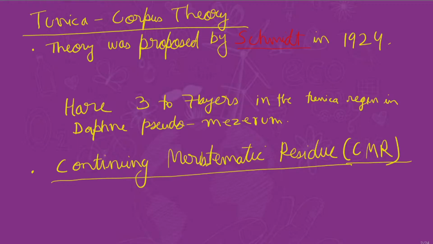Continuing meristematic residue refers to the persistent group of meristematic cells in the shoot or root apex that remains undifferentiated over time, maintaining the capacity to generate new organs: leaves, branches, flowers. While the surrounding cells proceed through differentiation. It is typically found in the central zone of the shoot apical meristem or root apical meristem.